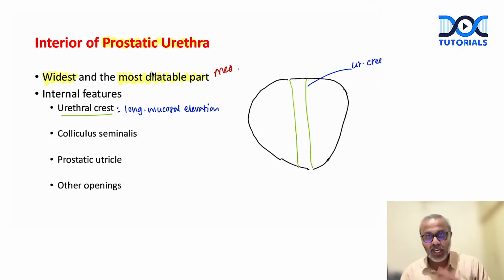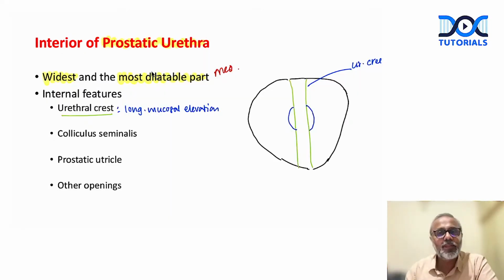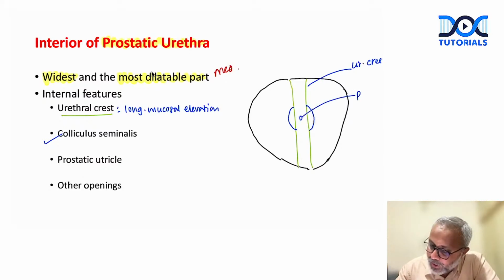right? Then the middle of the urethral crest presents a circular swelling, right? This is called the colliculus seminalis. Now, opening into the colliculus seminalis, we have an opening called the prostatic utricle, right?